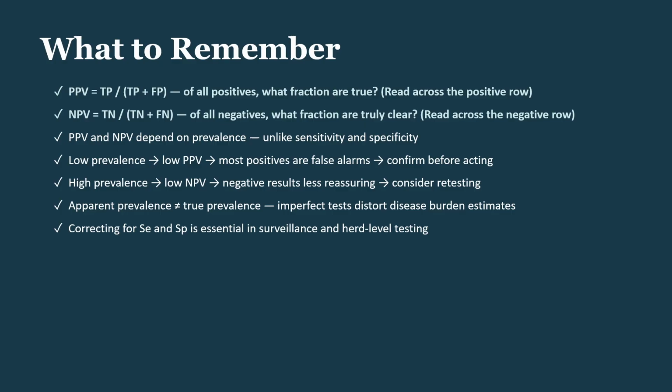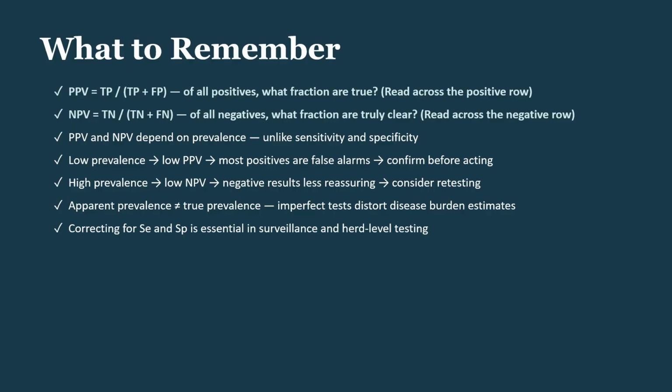In low prevalence situations, positive results are mostly false alarms and need confirmation before you act on them. In high prevalence situations, negative results are less reassuring and warrant scrutiny. And apparent prevalence, what your tests report, differs from true prevalence because of imperfect sensitivity and specificity. Correcting for this is essential in surveillance work.